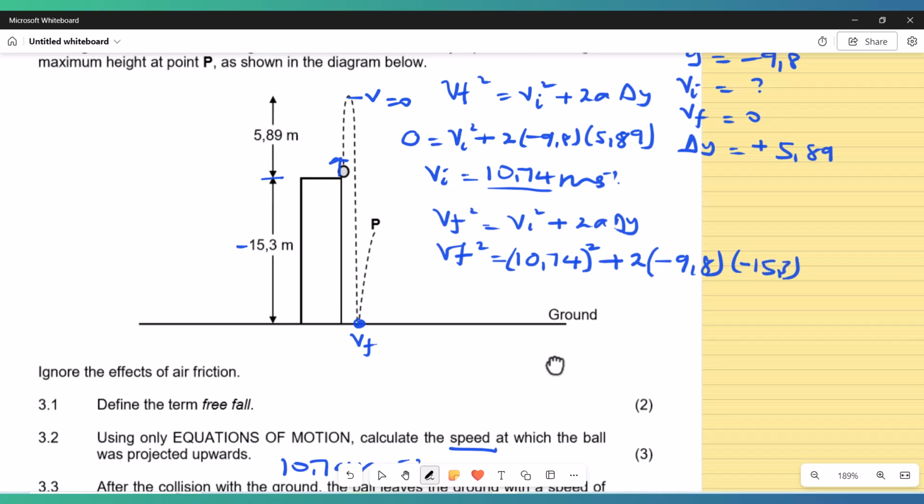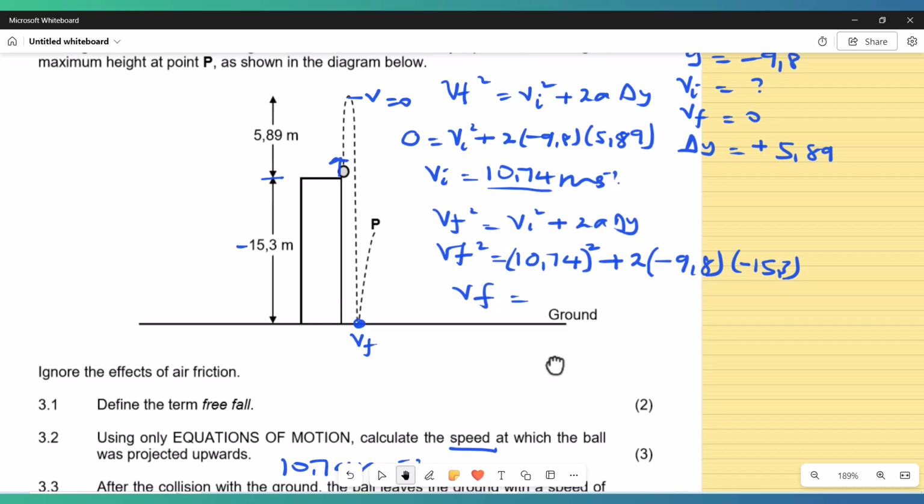All right, so looking for the V final here. After taking the square root, what do you get, guys? Let's check it out here. Calculators, please help me out. What's your answer there?